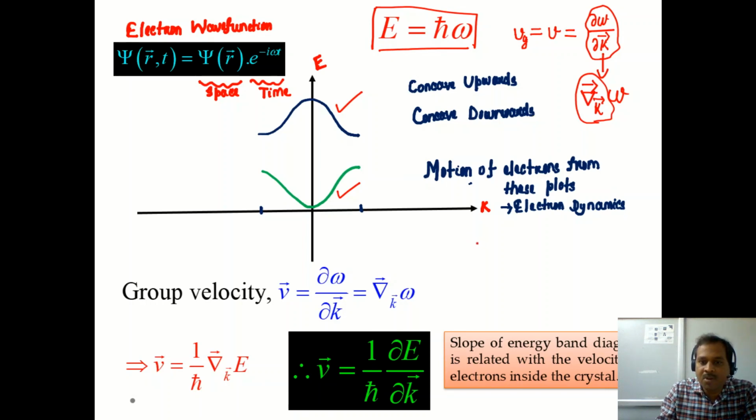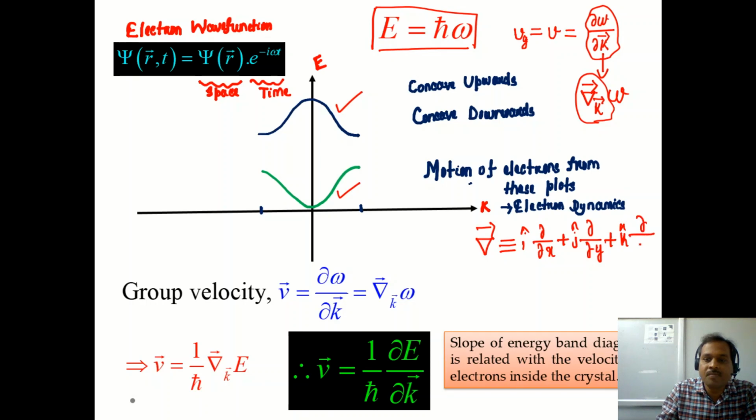We know in the normal Cartesian coordinate system, this gradient is represented as i cap del by del x, plus j cap del by del y, plus k cap del by del z.